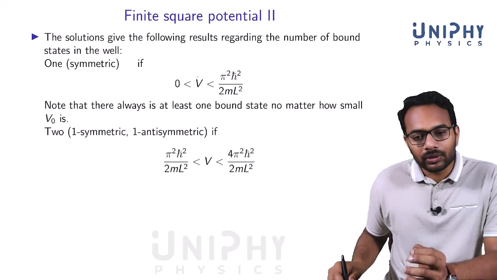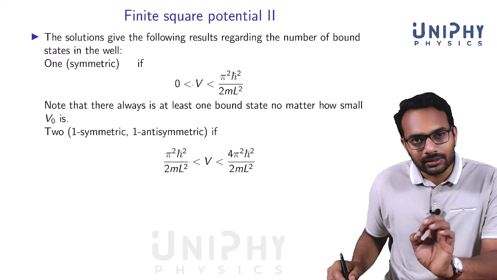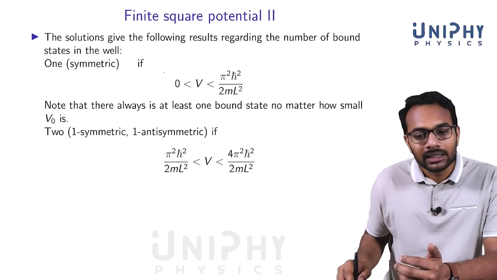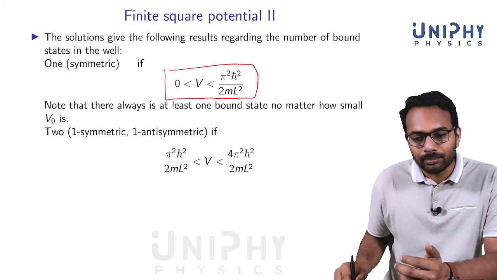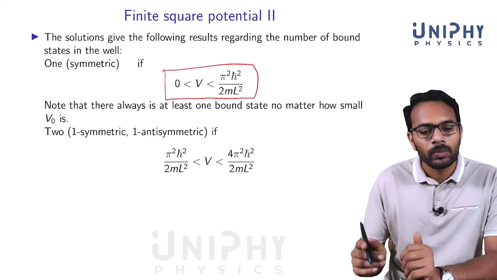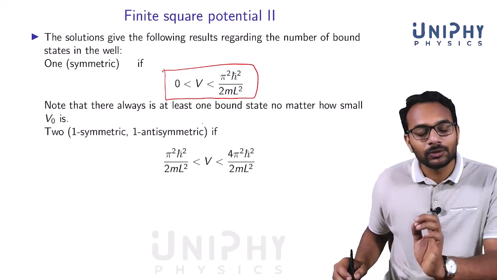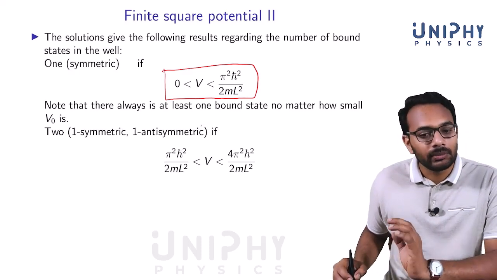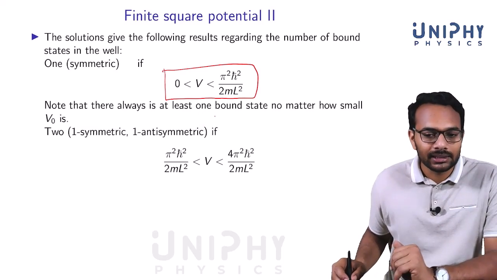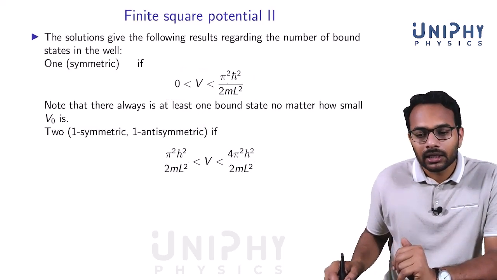However weak the potential is, if V is above 0, you will always have at least one bound state. No matter how small V is, there's always at least one bound state. This is something that we have to remember.